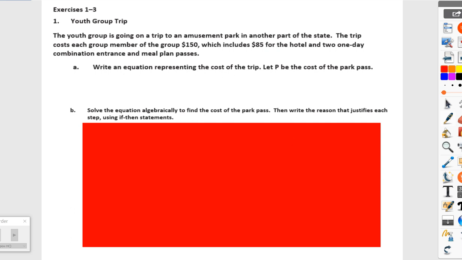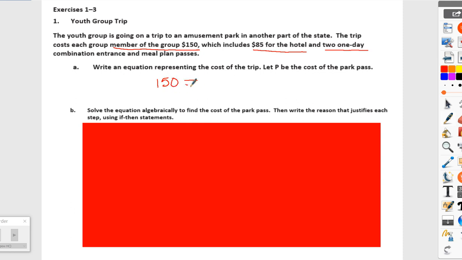So let's go ahead and find our important info. As we do this, we see that the cost for one member is $150. We have $85 for the hotel that's included, and they get 2 passes. So think about what we're going to do. How much is each person going to pay? Right, $150. So the $150 is what they pay total.